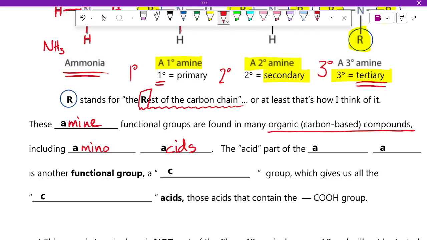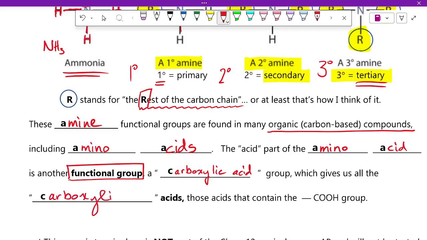The acid part of an amino acid is another functional group called a carboxylic acid group, which gives us all of the carboxylic acids.